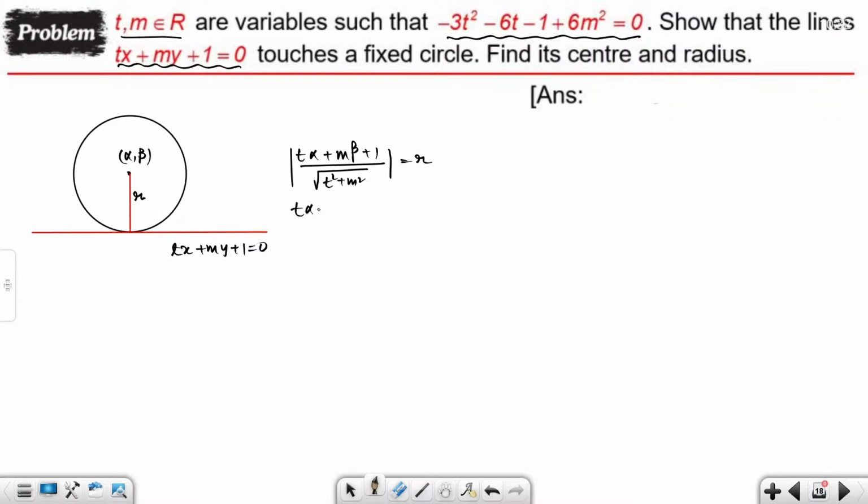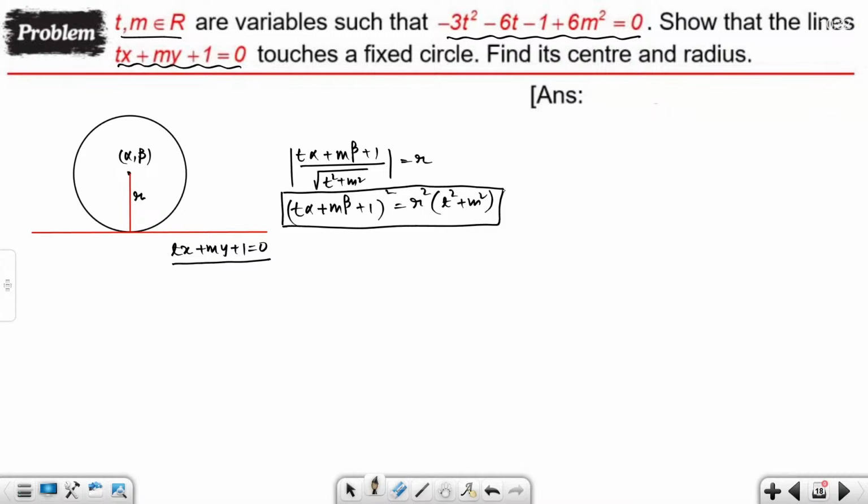If I square both sides, we get (t alpha + m beta + 1) whole square equals r square into (t square plus m square). This condition should hold true when tx + my + 1 = 0 is a tangent to the given circle whose center is at (alpha, beta) and radius is r.